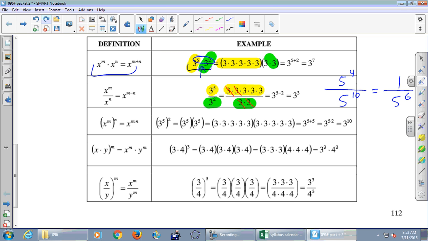Another option, which we'll talk about next class. Hang on one second. So Emma says, hey, I could do 4 minus 10, which is exactly what that property says. 5 to the negative 6 is correct. At this moment, we don't have a definition for a negative exponent. We will next class. But my preference is to make the exponent positive. So I always subtract in the easier order, the positive order, and I put the thing where there are more of them.